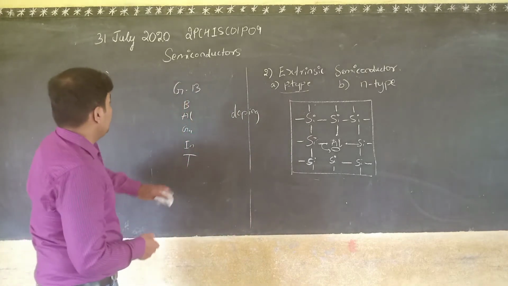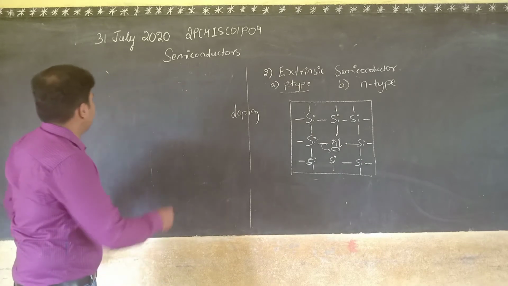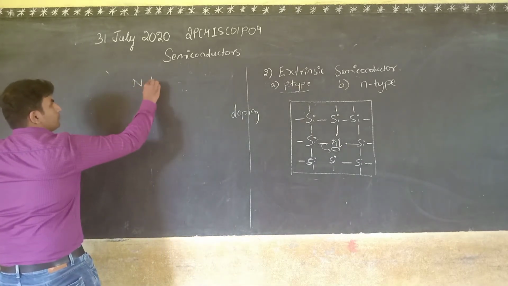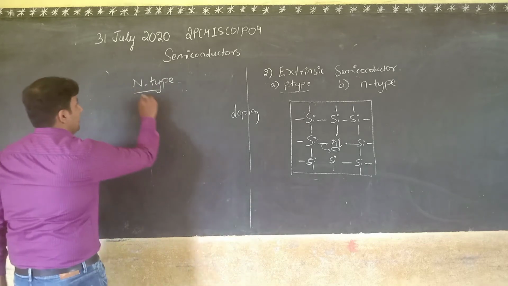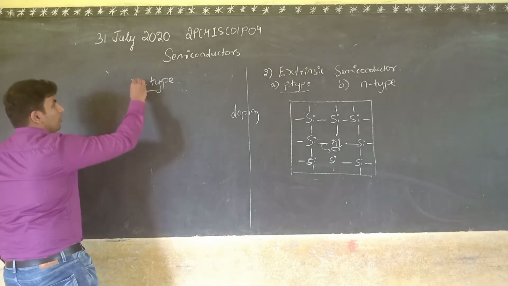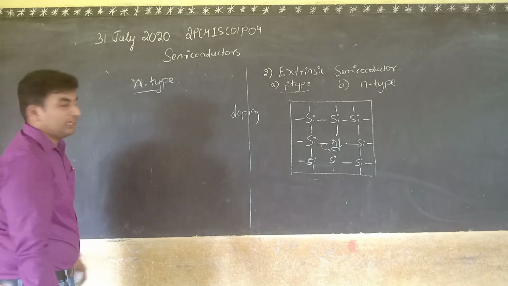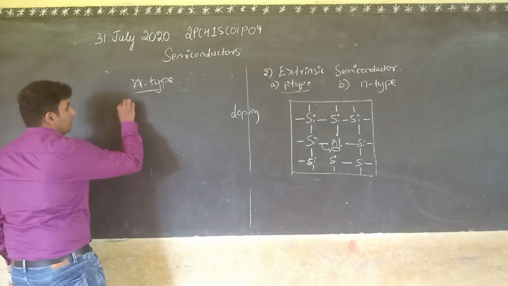Then the N-type semiconductor. N represents negative charge.